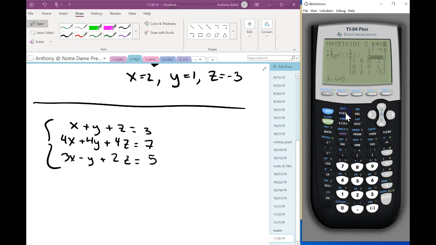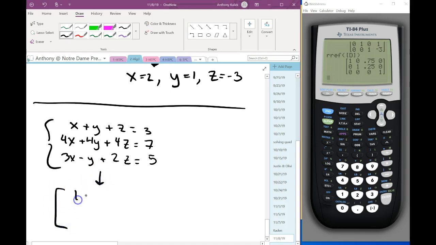And then I'll exit back out to the main screen. Go back to my matrix menu. Go over to the Math tab. Retrieve the command RREF. And do that on my matrix D that I just made. So let's see.